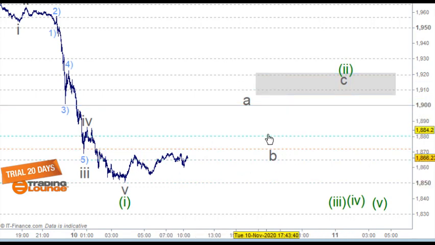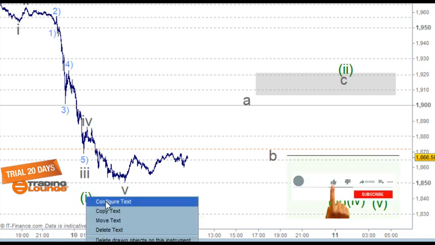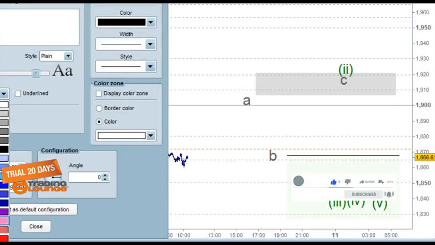So a 5, 3, 5 structure. If we don't get that, well, then we know we're working with something else. And also too, if we get 5 waves from the low here to here, then we know that that wave 4 that we were looking at over here before is in place.